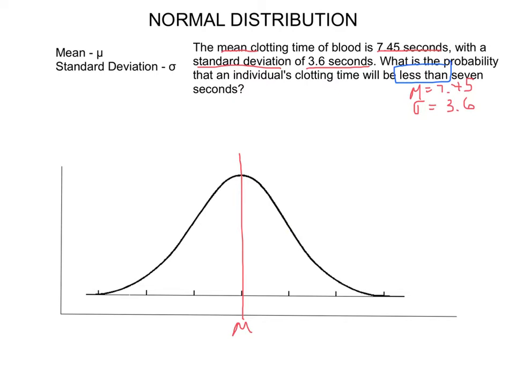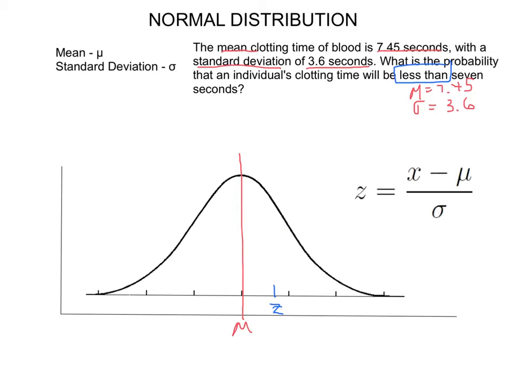But what if the particular number that we are looking for is not that standard deviation? In this example, we're talking about 7 seconds, where 3.6 seconds would be 1 unit away from mu. So what we want to do is find what is called the z-score. And the z-score is going to tell us how many standard deviations away from mu our number is.